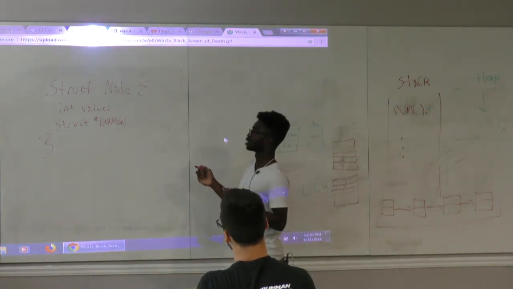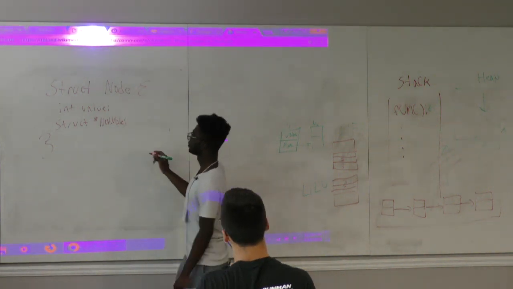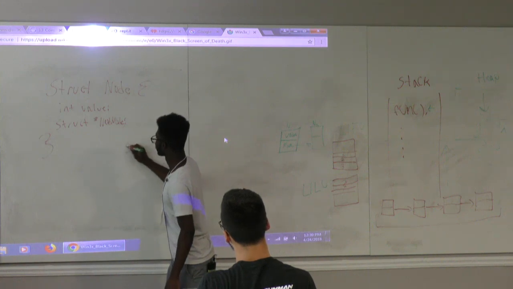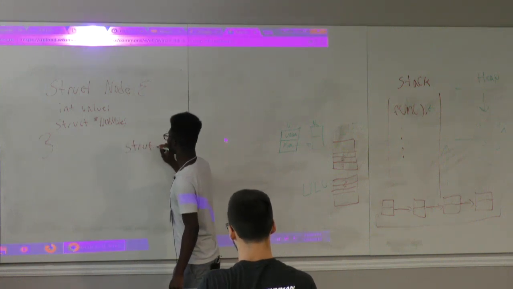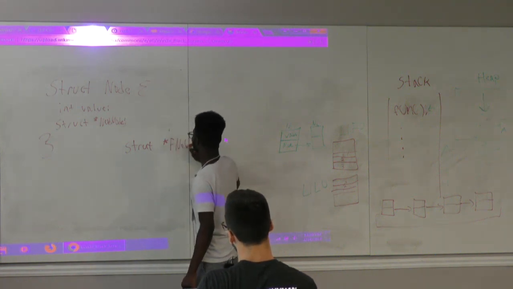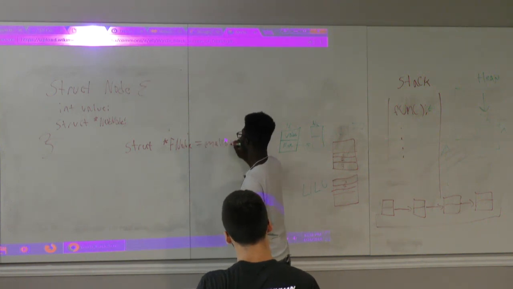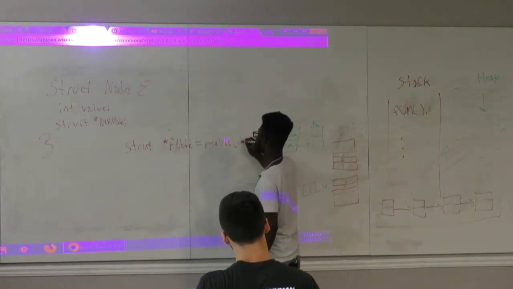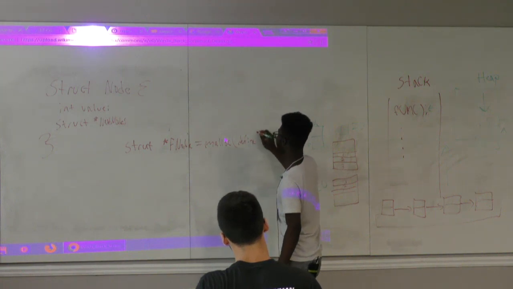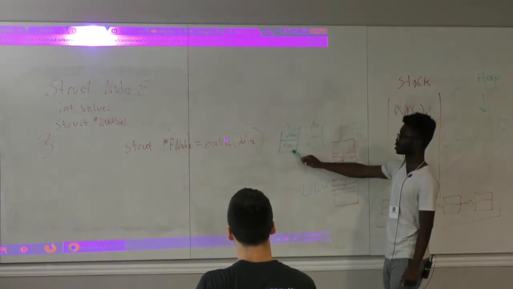So very quickly, how you could create a linked list out of this is you can say struct pointer, let's say first node, is equal to malloc, and then you define the size you want to set it to. That will create this first node.